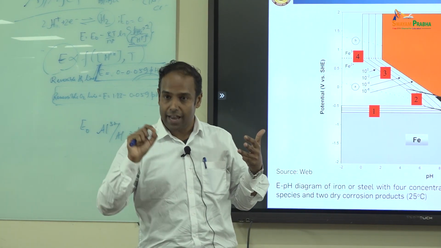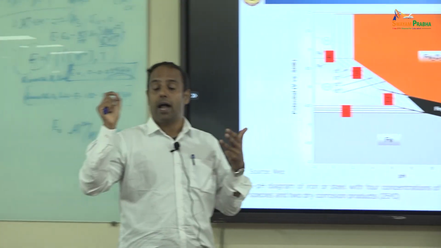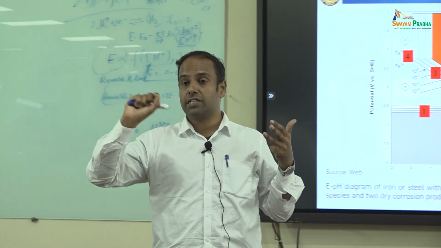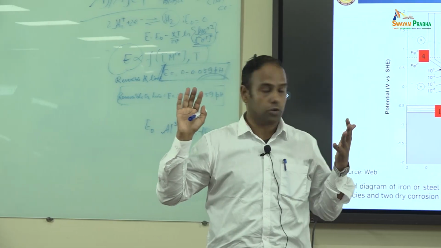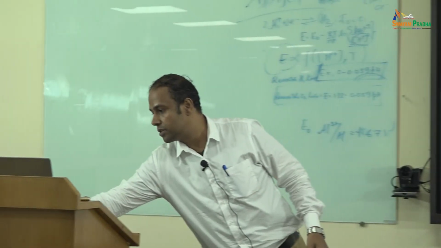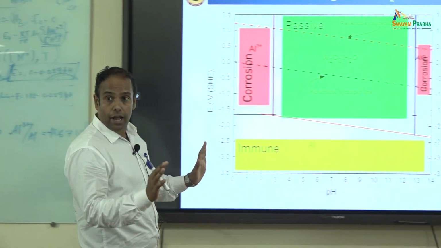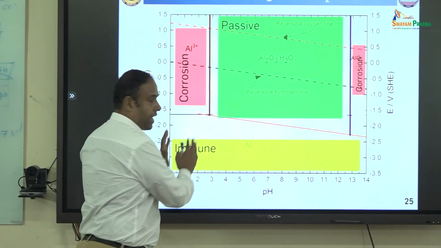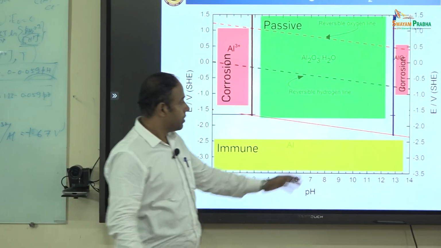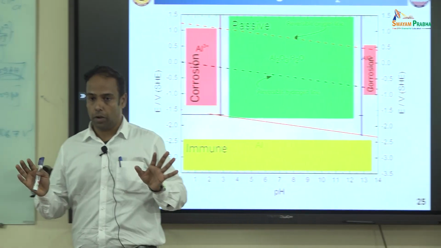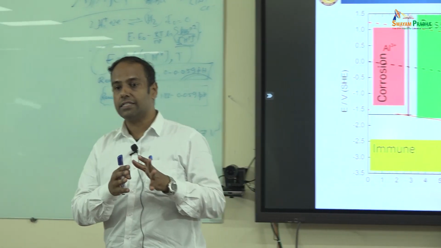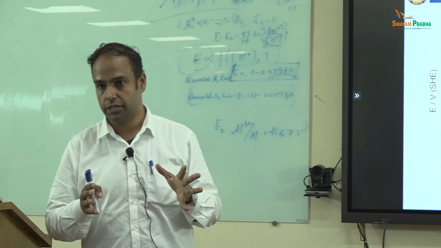Fourth, the chemical equilibrium between a metal oxide and its anionic species. So, what do I understand from this diagram? If I take aluminum oxide, put it in acid, it will dissolve, put it in base, it will dissolve. So, we call this amphoteric oxides.